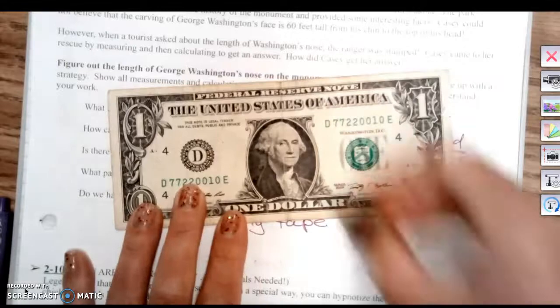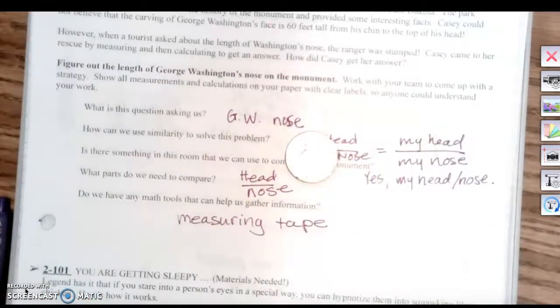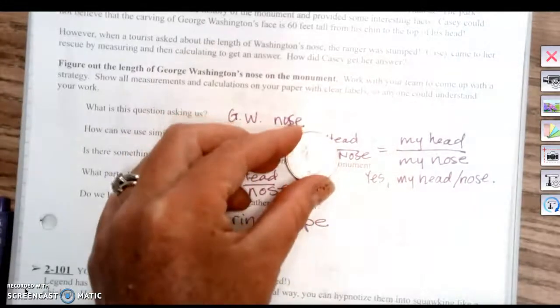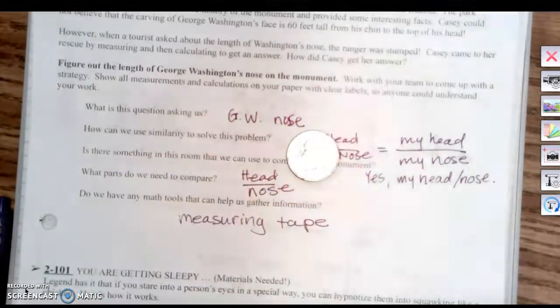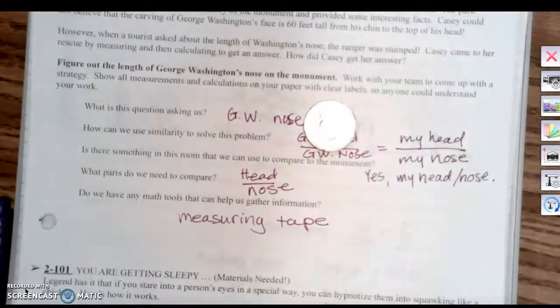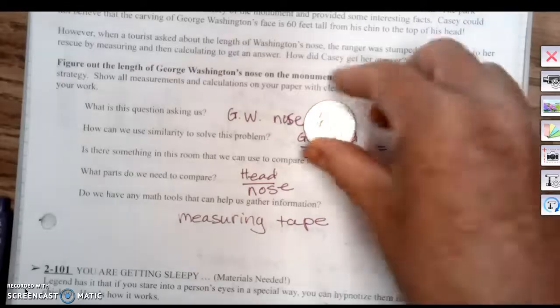Just so happens that he's also on the quarter here, and he's sideways in it, so you could measure it, but even this little tiny ruler, you would need something much, much smaller, maybe even like a small glass.